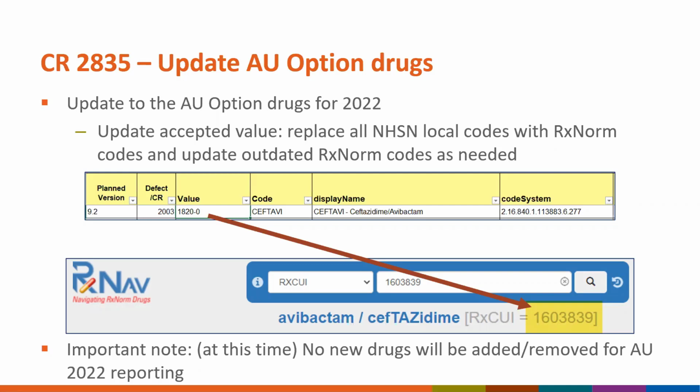Using the example shown on the slide, the NHSN local code of 1820-0 for ceftazidime avibactam will be updated to the RxNorm code of 1603839. You'll see these changes in the Antimicrobial Ingredients 2022 tab of the 10.1 IDM when it's shared later this year. Please note, at this time, no new drugs will be added and no drugs will be removed from the current list for AU 2022 reporting.